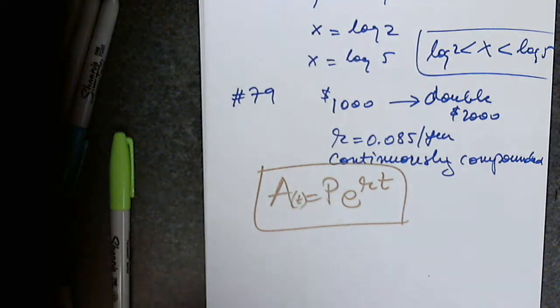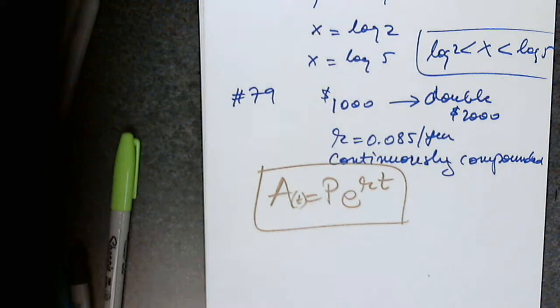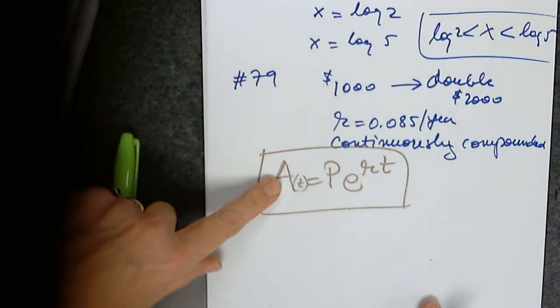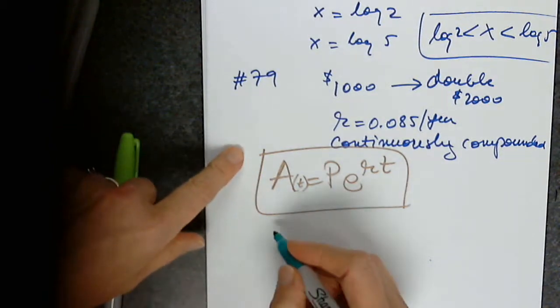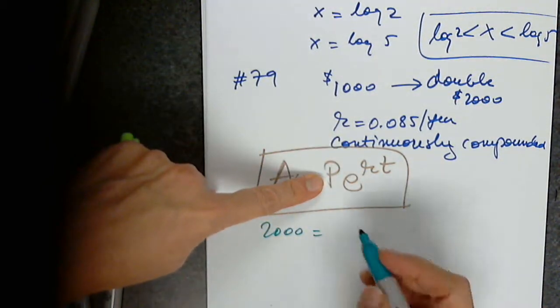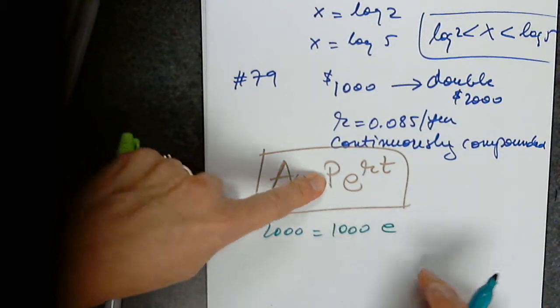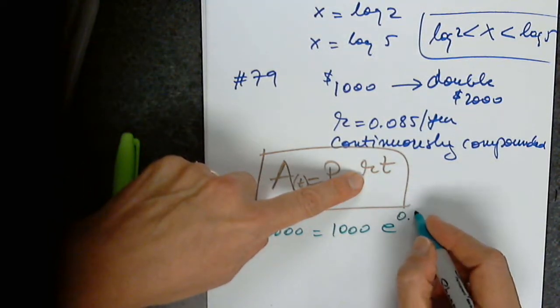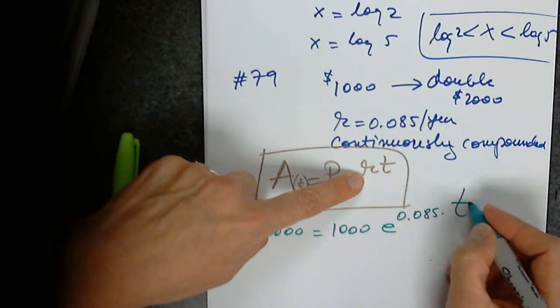But sometimes it's not t, so that's why they did not make it a function of t. I understand why. Good. So what is the accumulated value? Excellent. What is the principal? e, the interest rate, 0.085 times t.